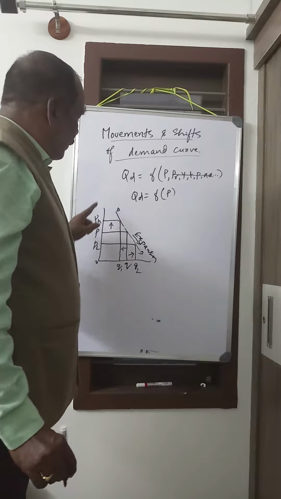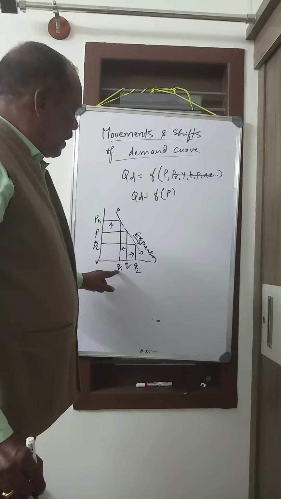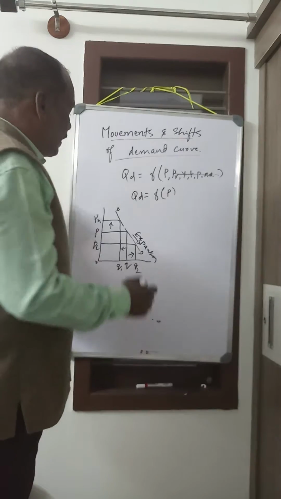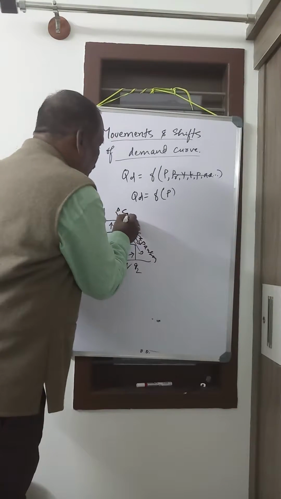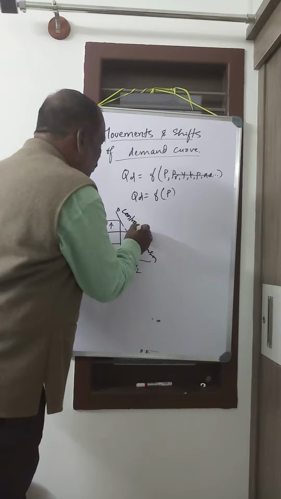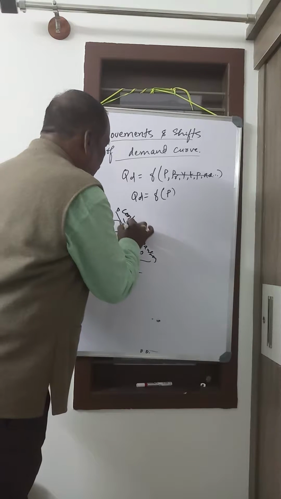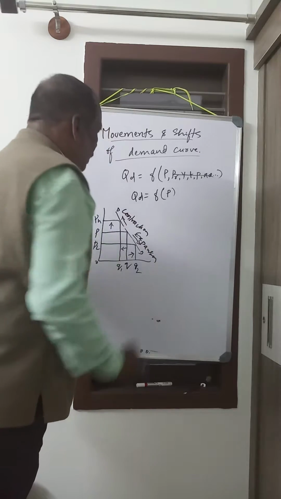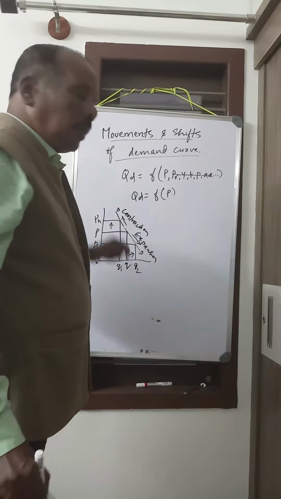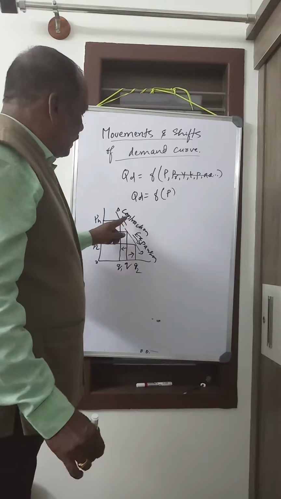And if the price rises, the quantity demanded contracts, and that is called contraction. Contraction is shown through an upward looking arrow mark.